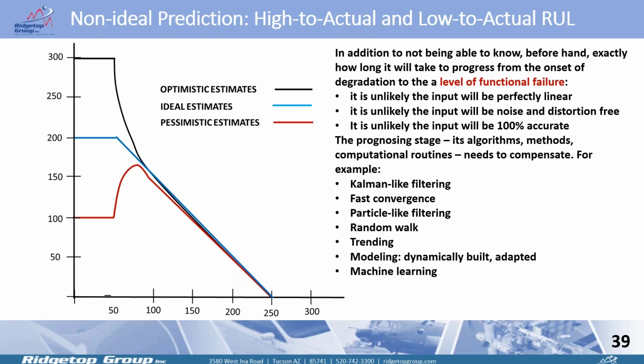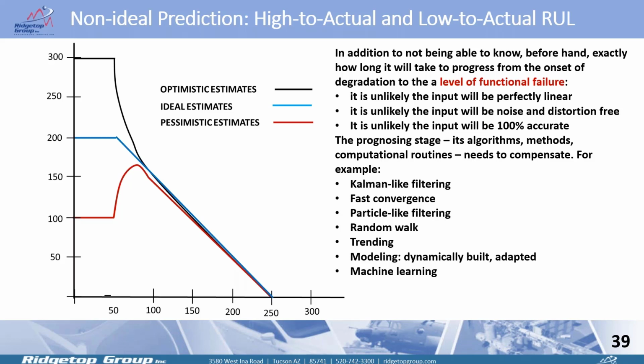Same thing if it starts at 100 hours, that's again minus 50% error, and has to go ahead and increase its estimate so that it again converges to the time of failure.